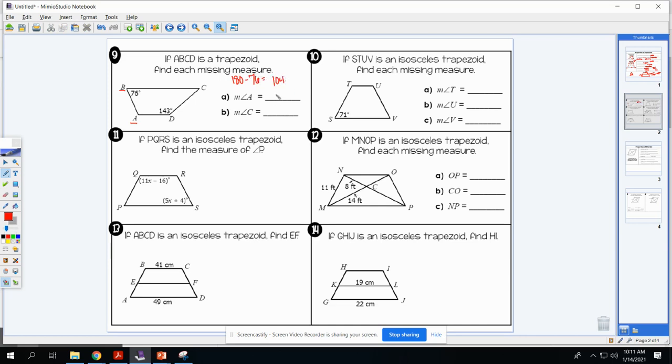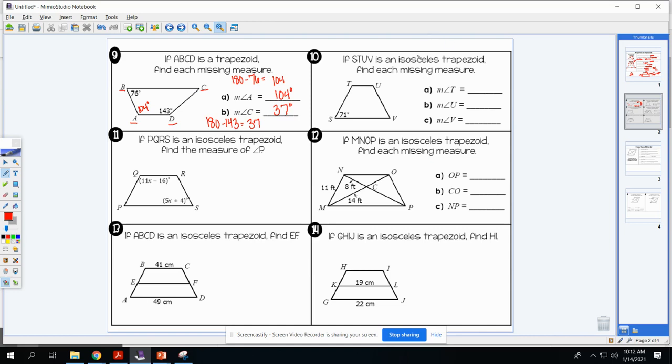That gives us our answer here of 104. All right. Looking at angle C, we're basically going to do the exact same thing. We know that angle D is 143. We know angle C and angle D need to add up to 180. So this is going to be 180 minus 143, which will give us an answer here of 37 degrees.